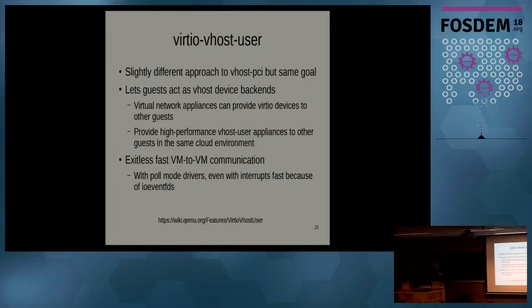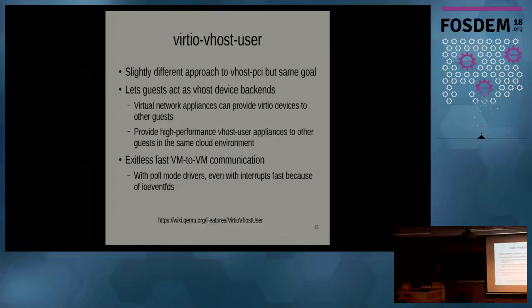So Virtio devices usually were just, you had your driver in a guest, and you had an emulated device in QEMU in a host user space process. And then as it evolved, vhost came along, which allowed you to implement part of the Virtio backend in the kernel.